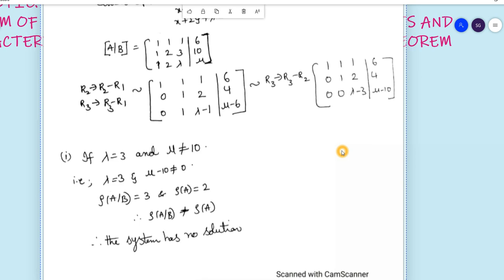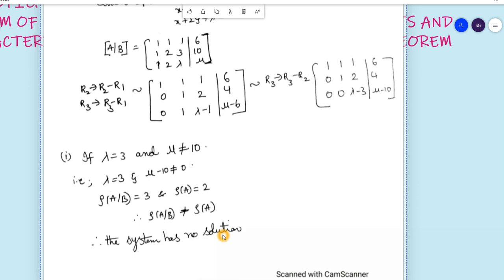Here you are asked, if the system of equations is inconsistent, that is, it has no solution, what are the values of lambda and mu? The system is inconsistent if rank of A is not equal to rank of the augmented matrix.